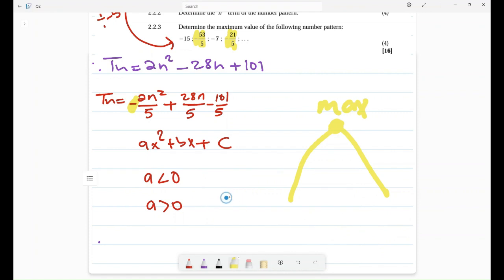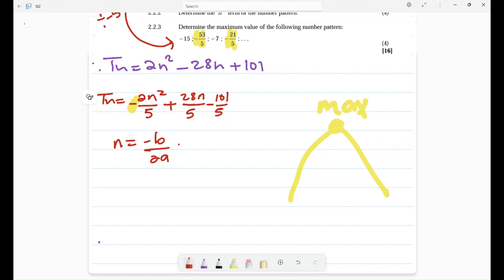The maximum value is basically the turning point, right? How do we find the turning point? Remember how to find the turning point? You find the x value by this, but in this case it is n. You're going to say n is equal to negative b divided by 2a. Do you remember this is a, this is b, this is c. We are looking at this equation, right?